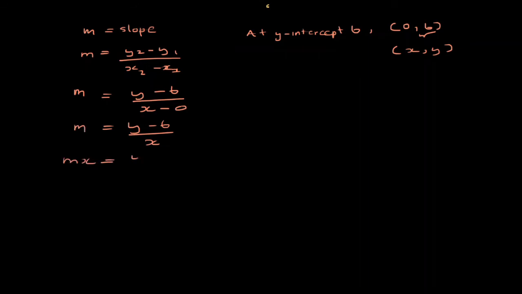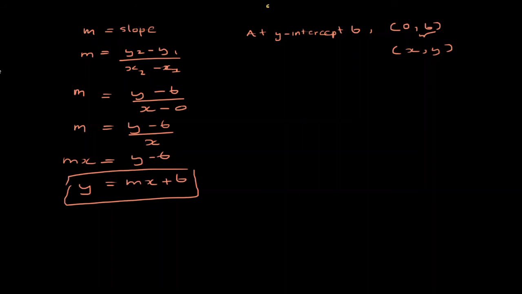We have y minus b over x equal to m, so mx equals y minus b, and then I'm just going to swap these across, so y is equal to mx plus b. And this right here is the slope-intercept form. And you'll see this a lot.